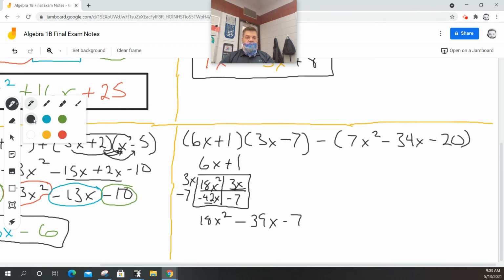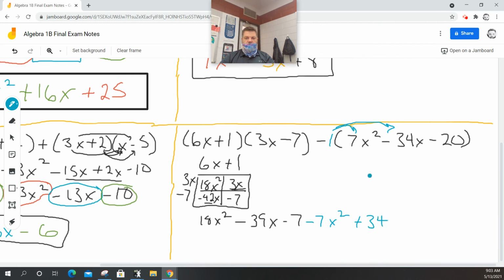Remember over here what I need to do is I'm going to distribute this negative through the parentheses. So the negative 1 times 7x squared is just negative 7x squared. The negative 1 times a negative 34x is a positive 34x. And the negative 1 times negative 20 is just a positive 20. Same thing that we've done before. We're just going to combine like terms.